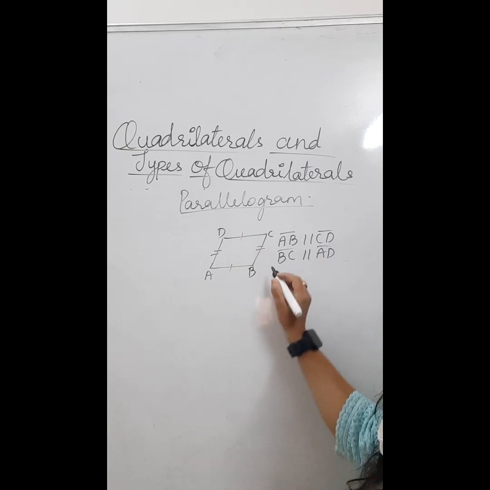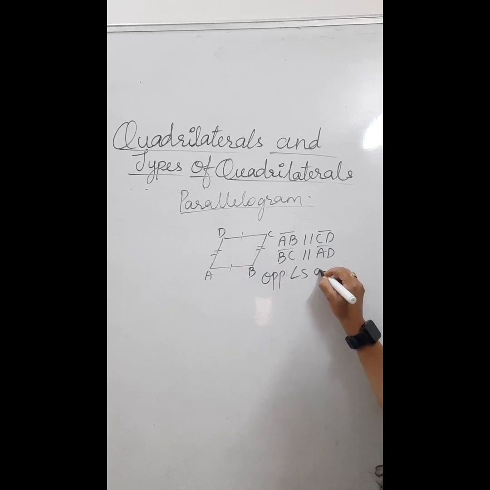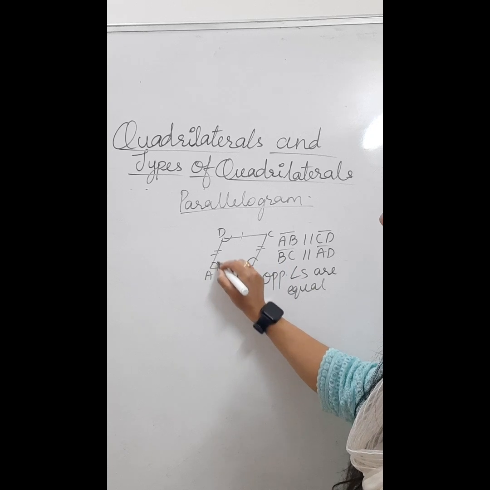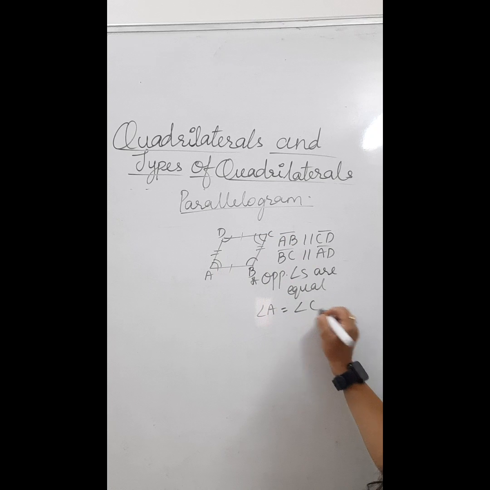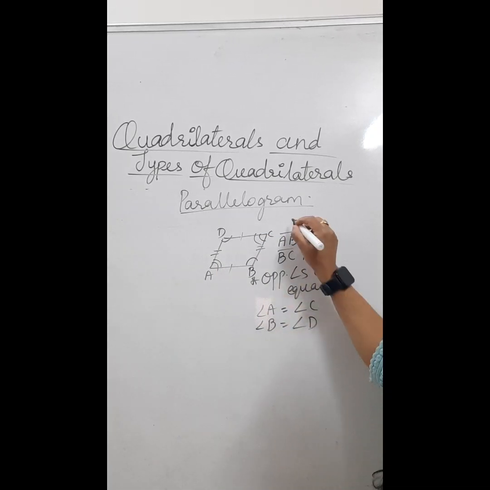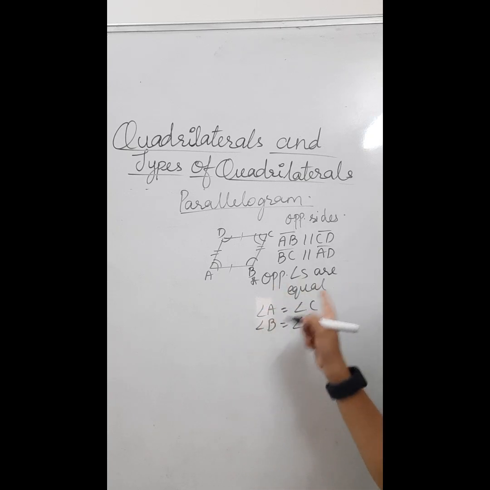Opposite sides are parallel. Again, opposite angles will be equal. That means angle A will be equal to angle C and angle B will be equal to angle D. So the first property is opposite sides are parallel, opposite angles are equal.